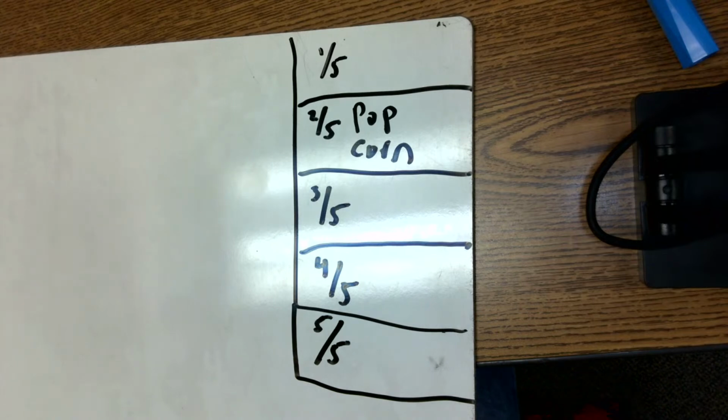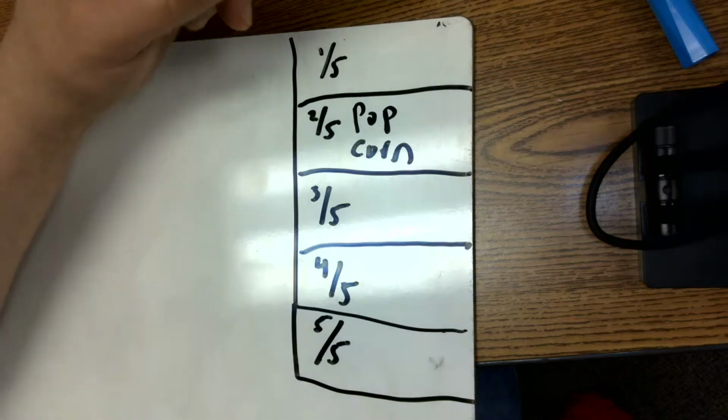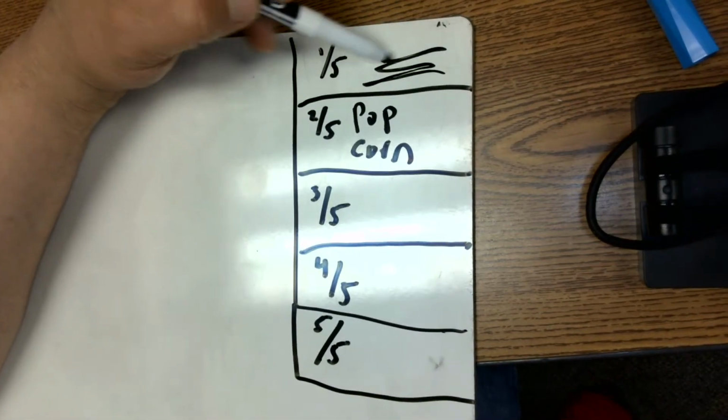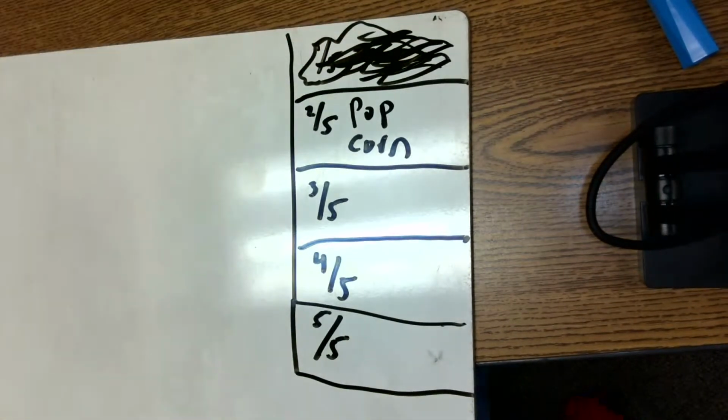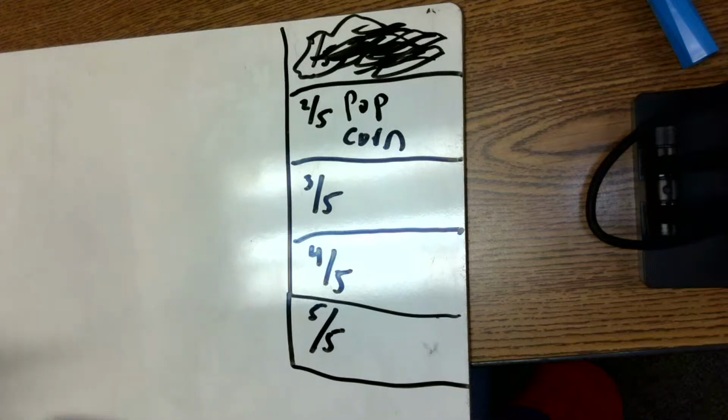Right? How much did he eat? One-fifth. He ate 1/5 of the popcorn, right? It's all gone. How much left of the popcorn is there? If 1/5 is gone, how much is left? 4/5. 4/5, right?